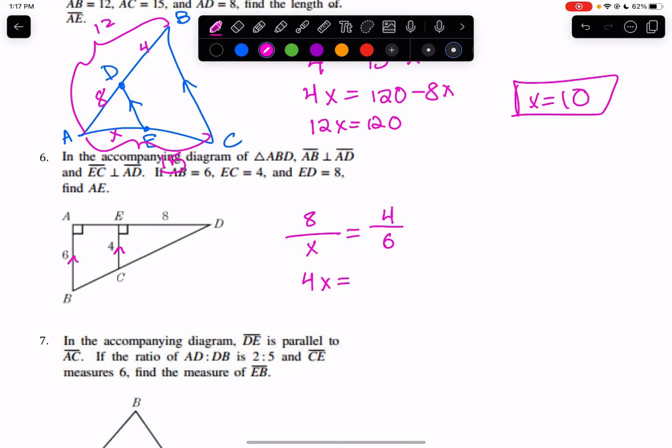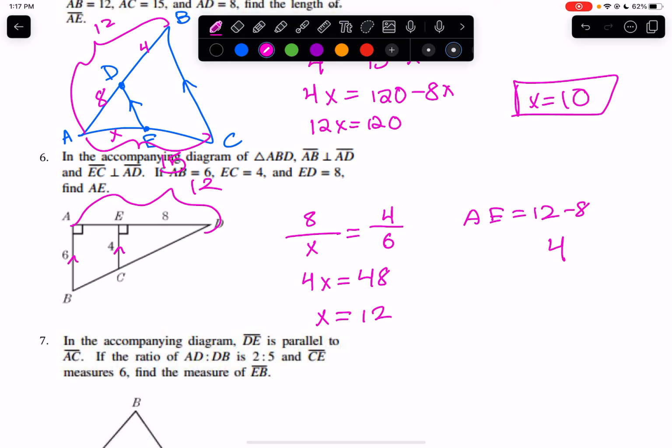So 4x is equal to 8 times 6, which is 48. So x is equal to 12. So 12 is the entire piece. So AE is 12 minus 8, which is 4.